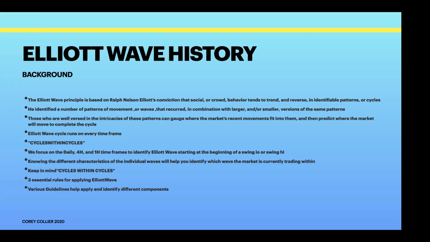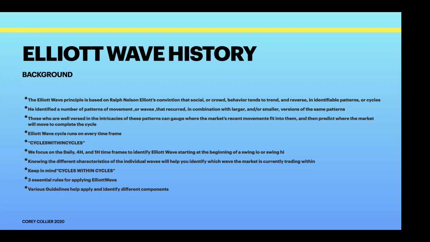Elliott Wave cycle, guys, runs on every time frame. Because of that, it can cause a lot of confusion, because one time frame might be bullish and the other might be bearish, right? So again, cycles within cycles. Starting out, guys, we focus on the daily, the 4-hour, and the 1-hour time frames to identify Elliott Wave, starting at the beginning of a swing low or a swing high.